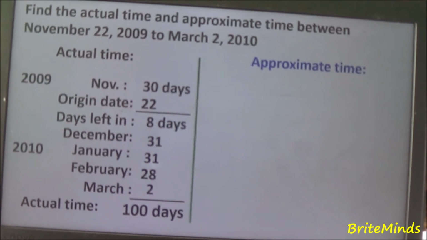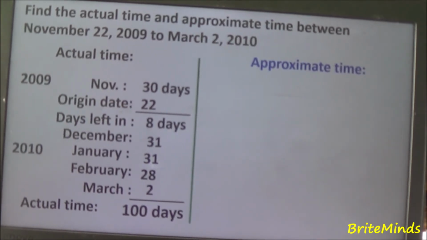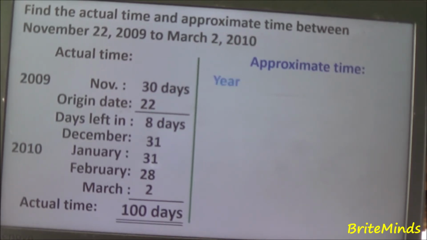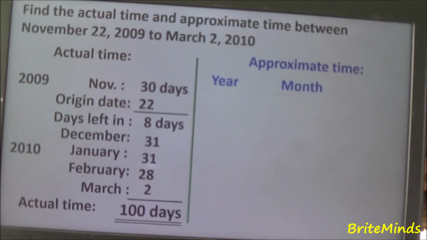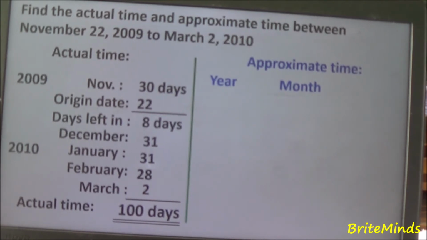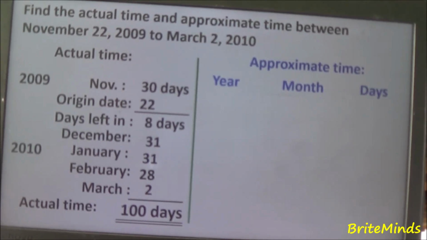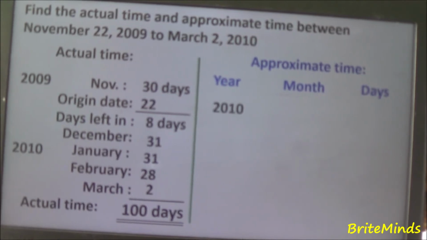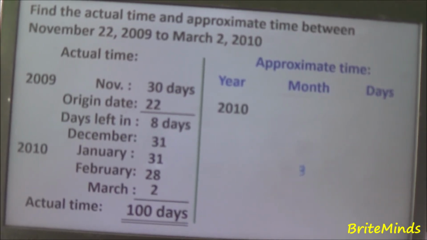Now we go to approximate time. So we should write the year and then the month and the days. Write first the maturity date as our minuend, which is March 2, 2010. So 2010 first, and then the month, 3 months, and then the days, 2.